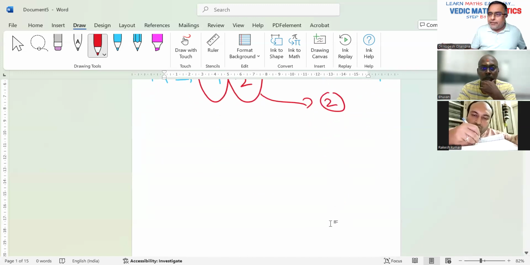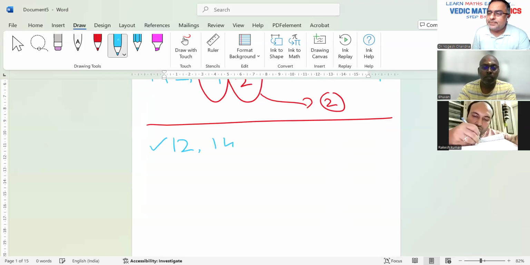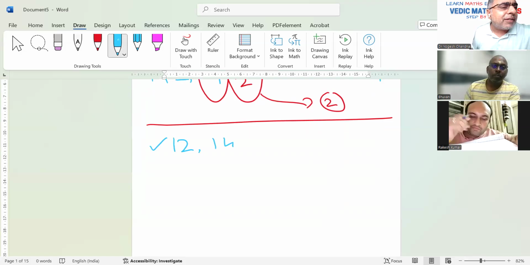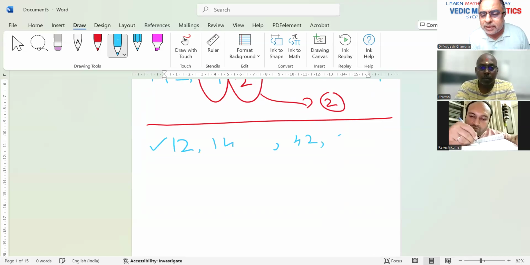Now there are different techniques. Let's come to the first question. Let's say 12 and 14 are only there, or we can have another number, 42 and 63. Okay, we'll go by two numbers.